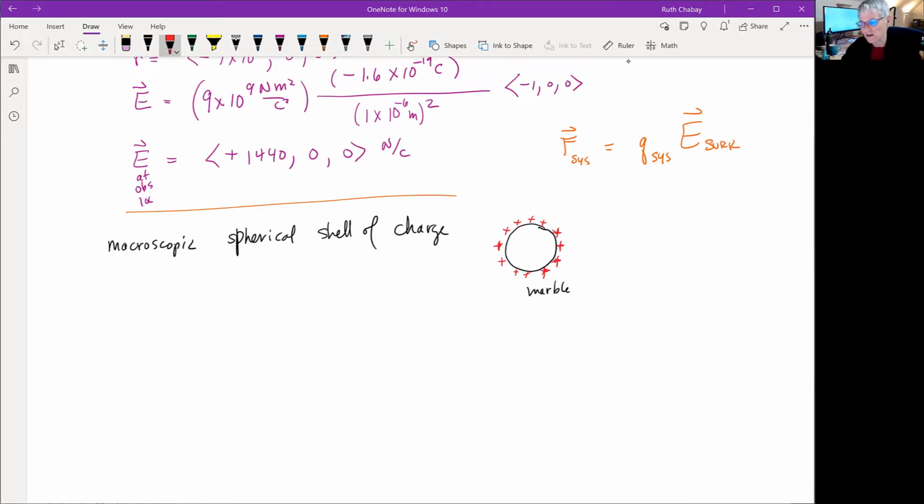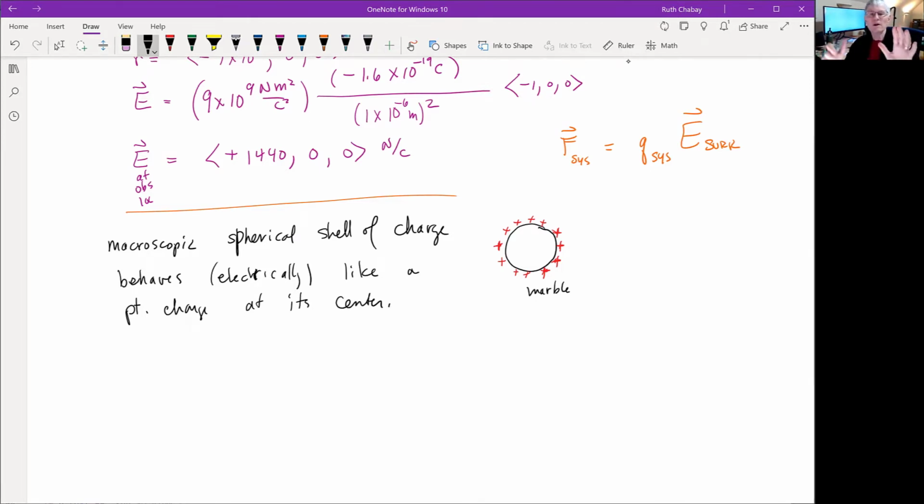There's no charge inside. So that's what it means by a spherical shell of charge. It behaves electrically as if it were a point charge at its center.